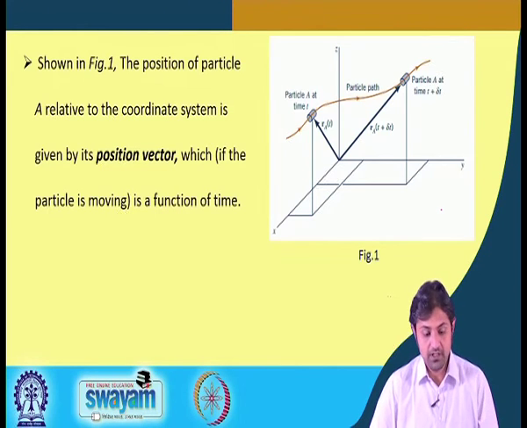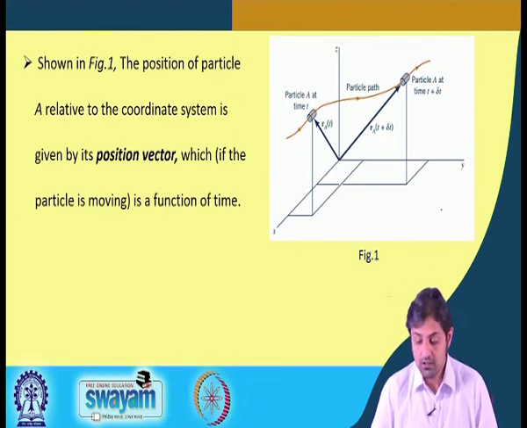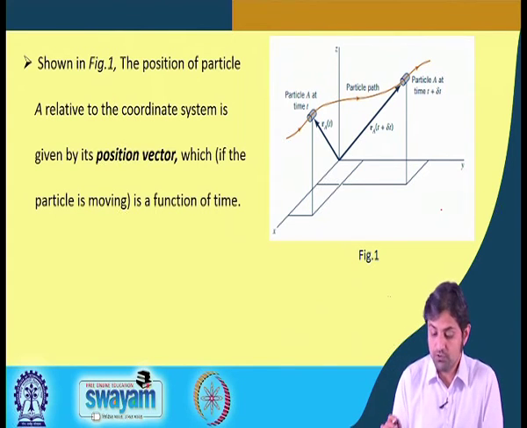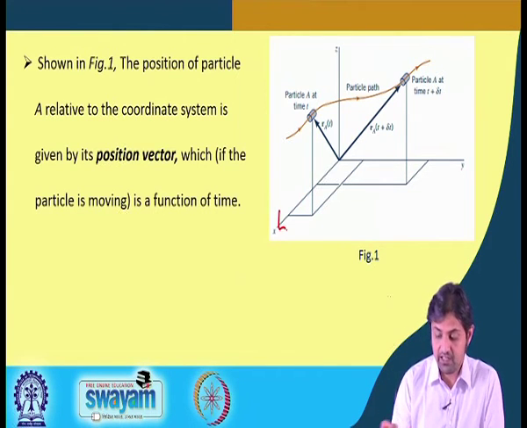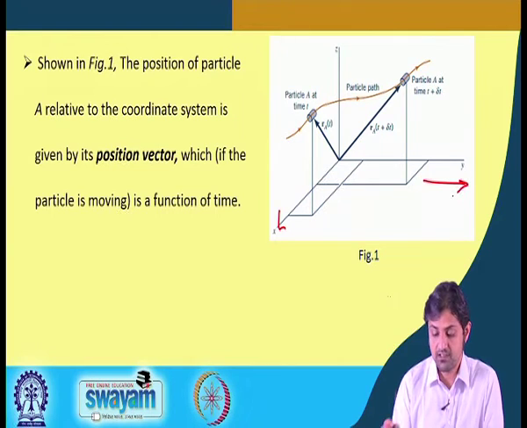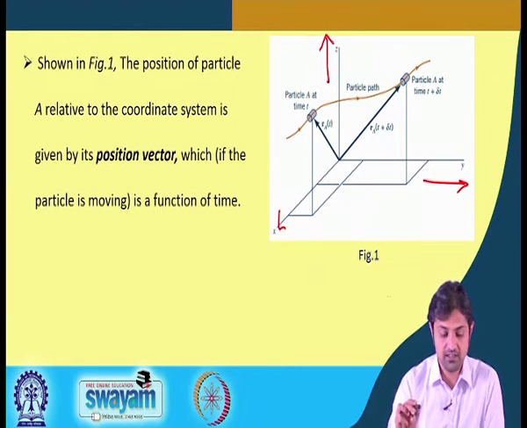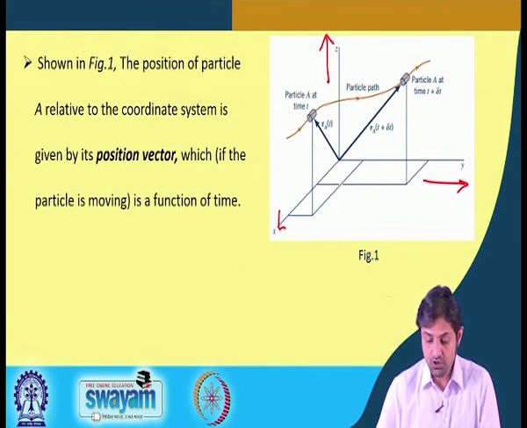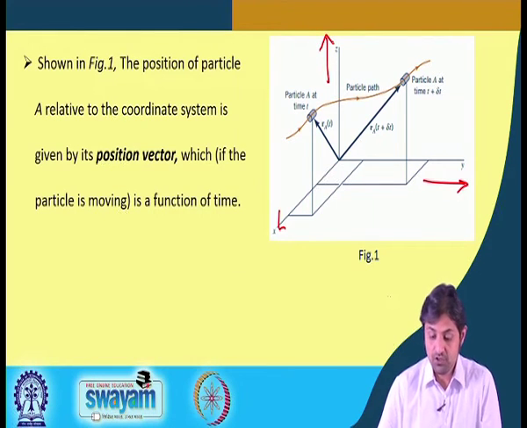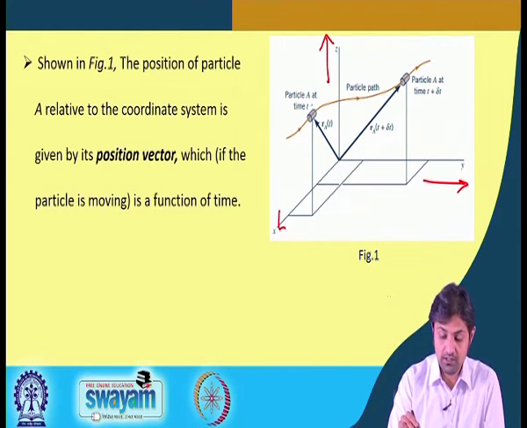So there is one figure here. As you look into the figure, x axis is in this direction, y axis is in this direction and z axis is in this direction. The position of the particle A, so A is our particle here.